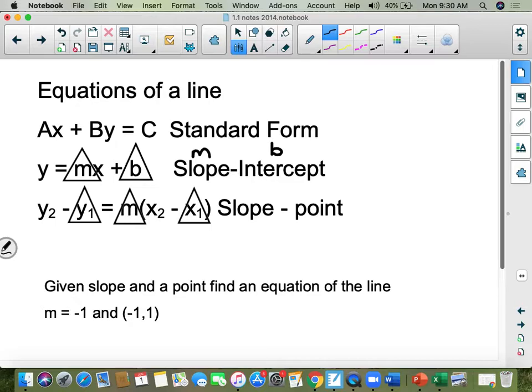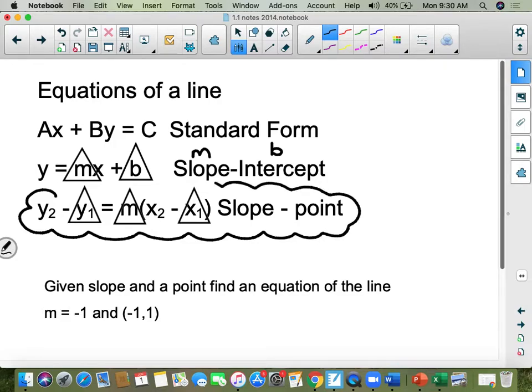And the last one, this is the one we're going to use all the way to the end of the year. It's called the point-slope equation of a line. Slope is the m, and you need to know a point, which is x1, y1.